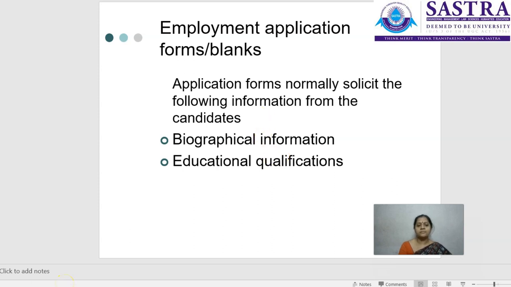Here the educational qualification can include the courses that they have completed, the year of passing, the subjects studied, and the percentage of marks secured. The next information included in this employment application blank is work experience.